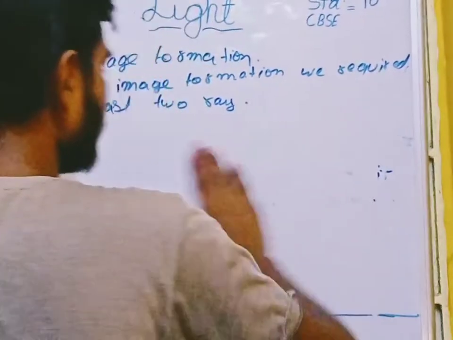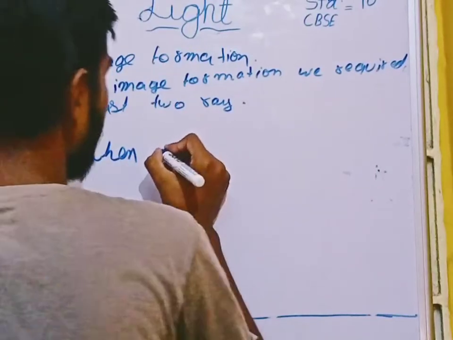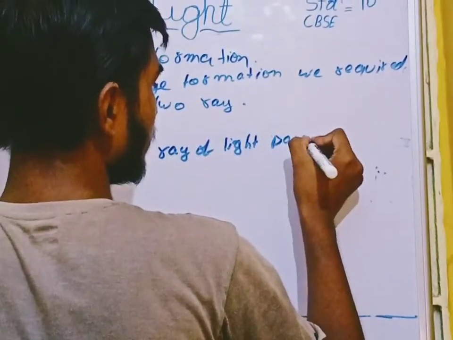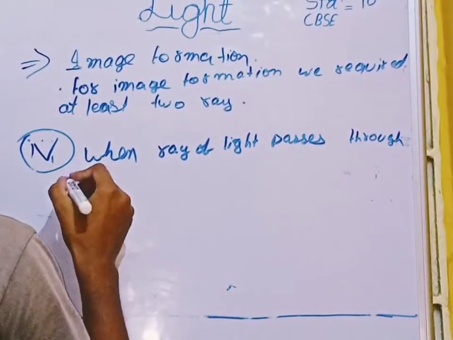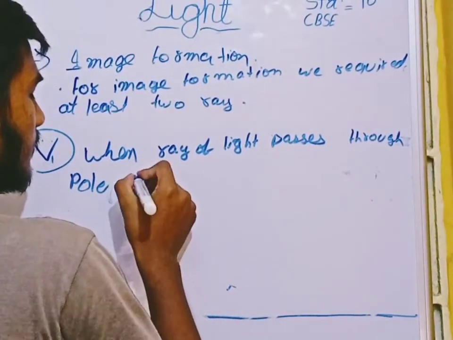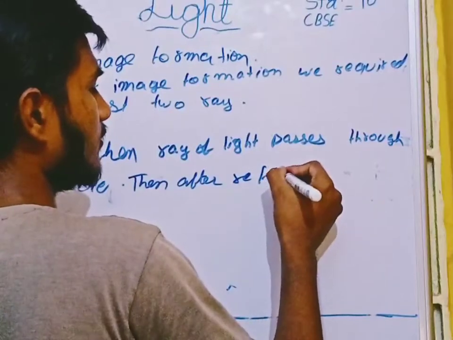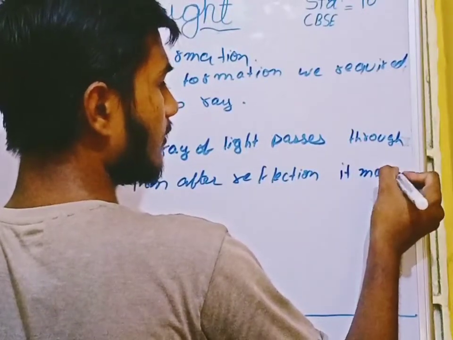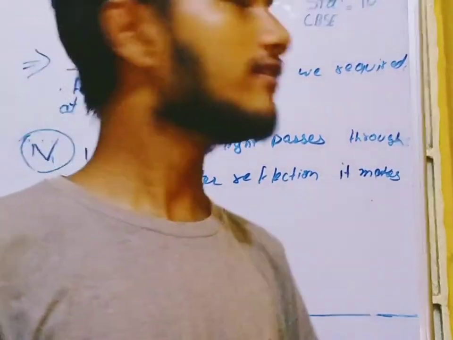Now we have to see the fourth case. When a ray of light passes through the pole, then after reflection it makes angle I equal to angle R. You have to know this.